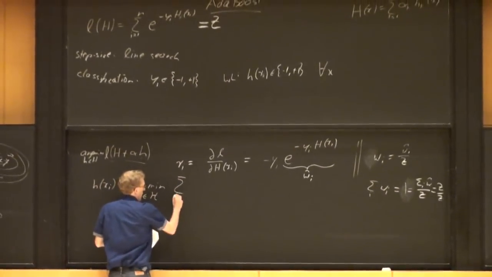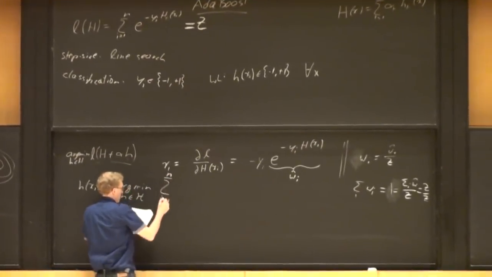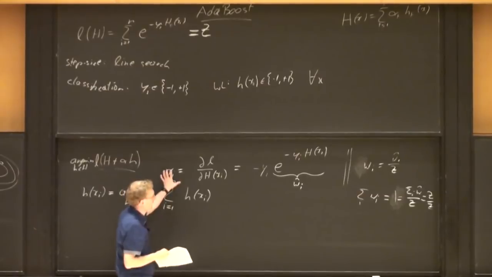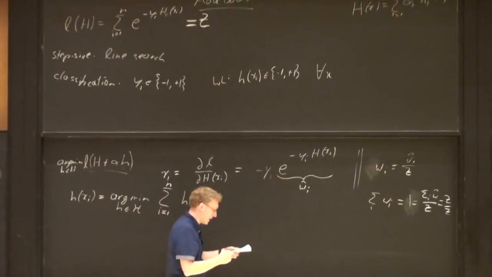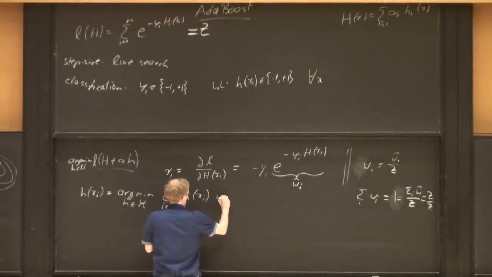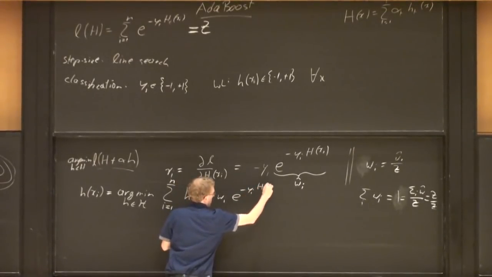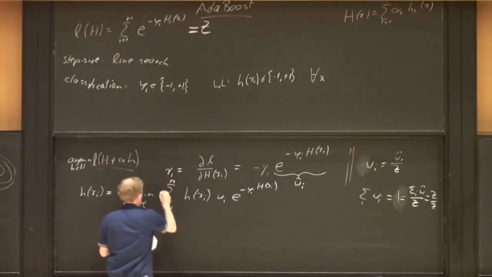So we go over i equals 1 to n, h of xi times the gradient. Well, the gradient is this thing here, so that's wi e to the minus yi h of xi. We have a minus.